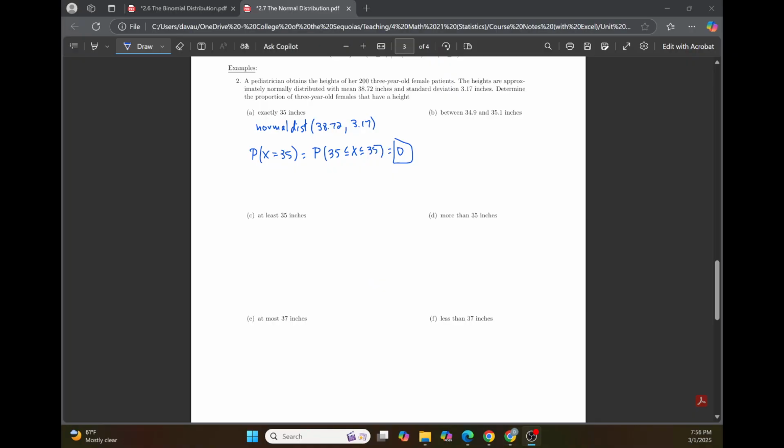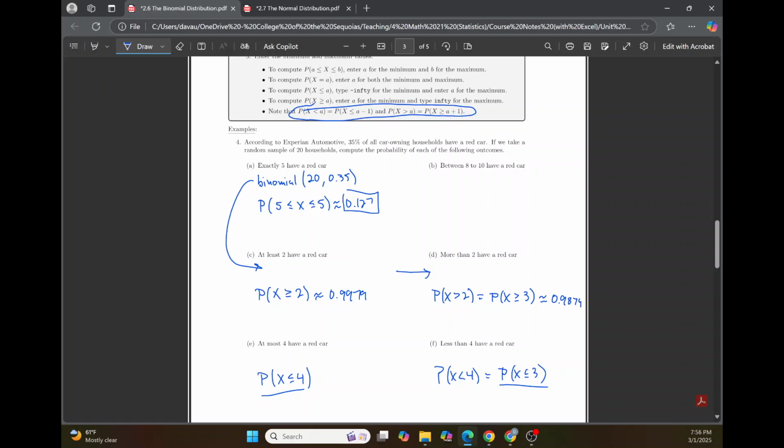For parts C and D, we want the probability that x is at least 35. Okay, so we're going to use the same normal distribution, but we want the probability x is at least 35. That means 35 or more, right? Greater than or equal to 35. Whereas in part D, we want the probability x is strictly greater than 35. But now, here's the tricky thing. So remember, for a discrete distribution, like the binomial, you have to jump up, okay?